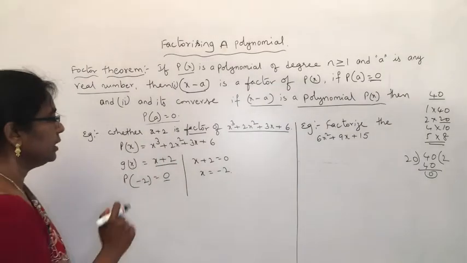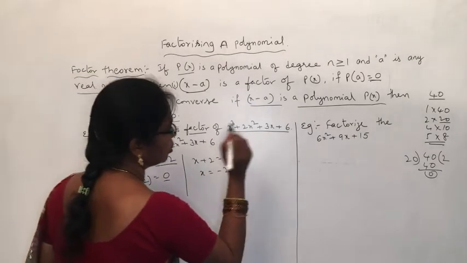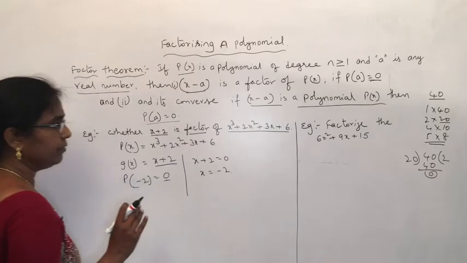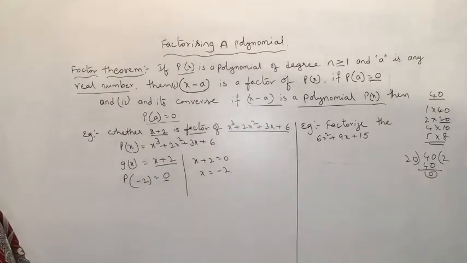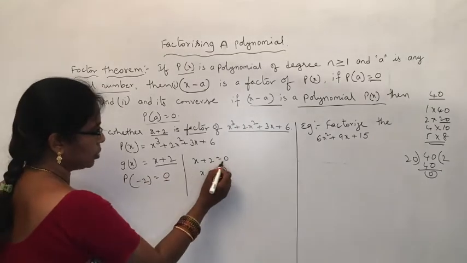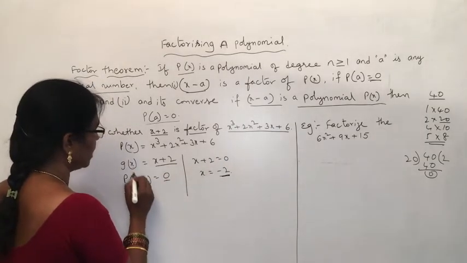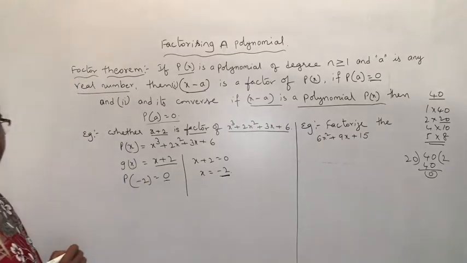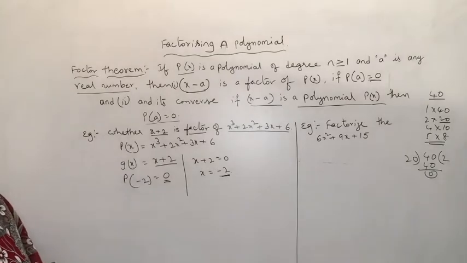We have to check whether x plus 2 is a factor of this or not. When will it become a factor? If the remainder is 0. That means x plus 2 is equal to 0, x is equal to minus 2. If you substitute minus 2 for x, P of minus 2, you have to get 0. Then only you can say that is a factor.